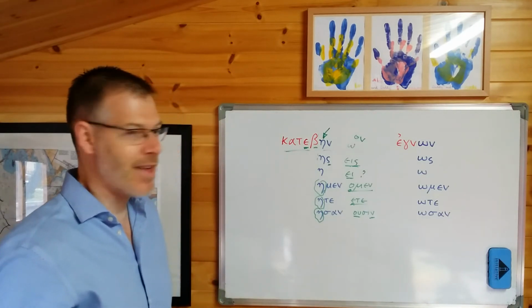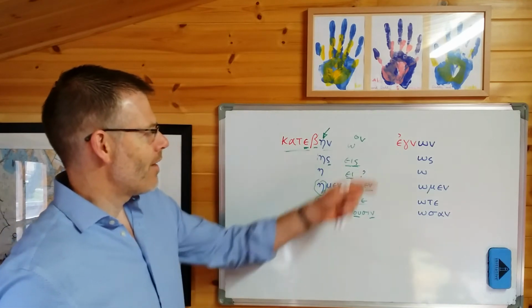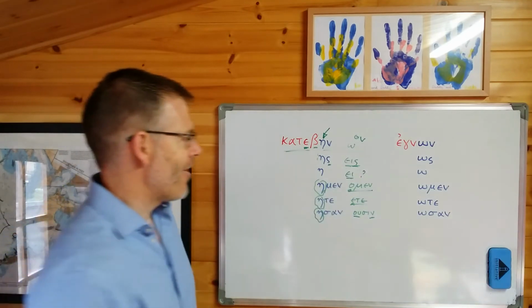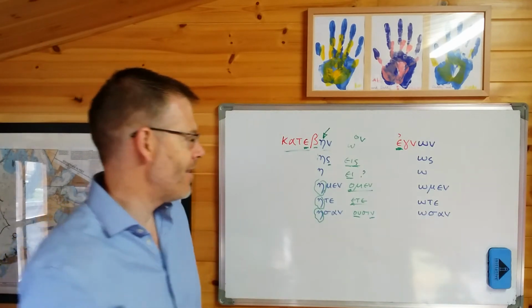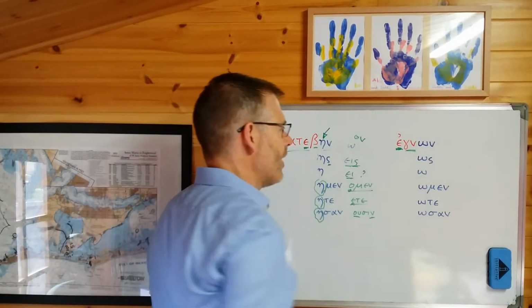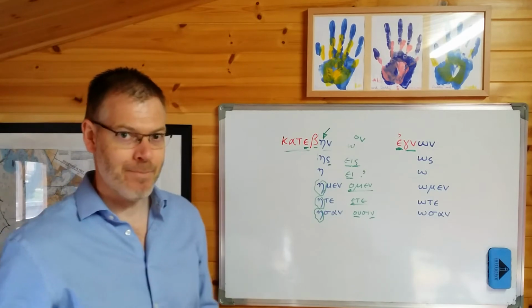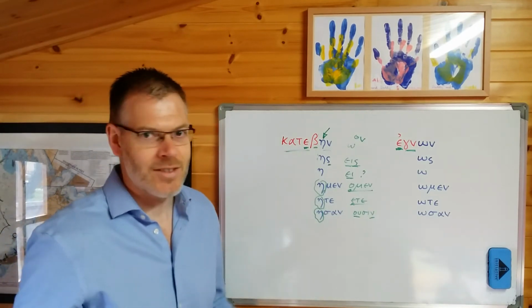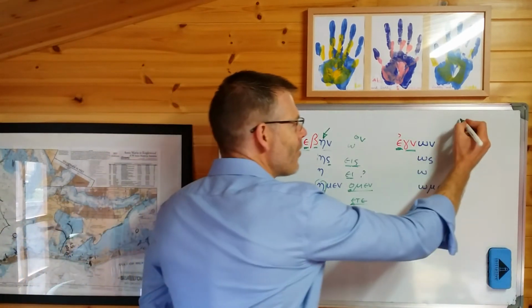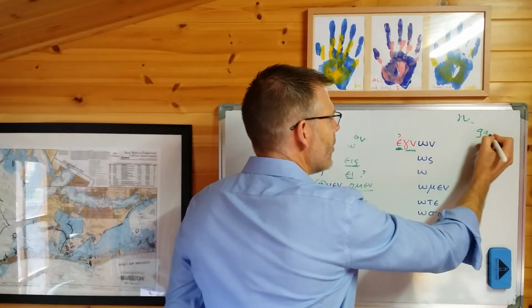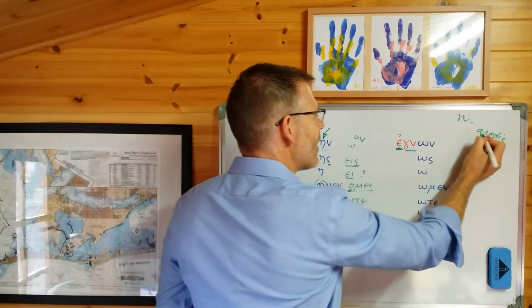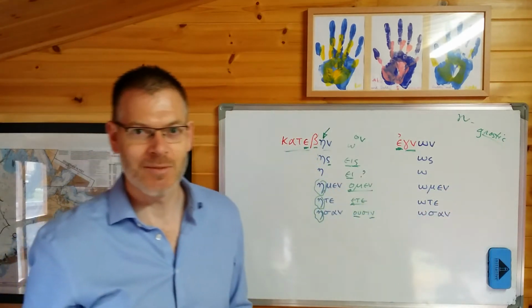Now the same kind of thing happens with ginosko in the aorist. You've got the epsilon augment. Okay, well that's sane at least. The gn is all that's left of the stem, and that's just what you have to remember. But you know that gn means something to do with knowledge, because of the word gnostic. And if you're studying New Testament Greek, you ought to be studying New Testament theology as well.